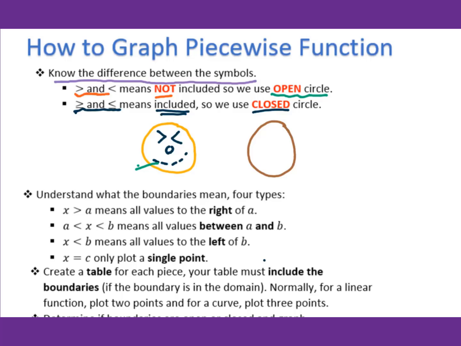Dotted line means when you graph y greater than 2x plus 3, you use a dotted line to sketch the linear function and shade the portion above the line. For a piecewise function, this open circle refers to the boundary.